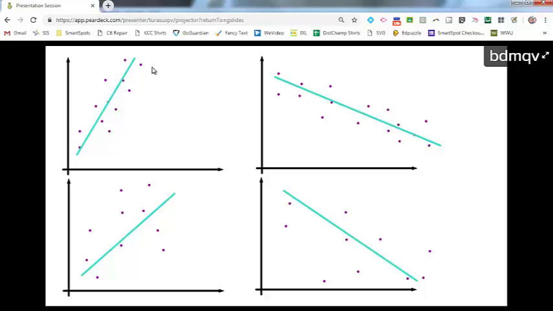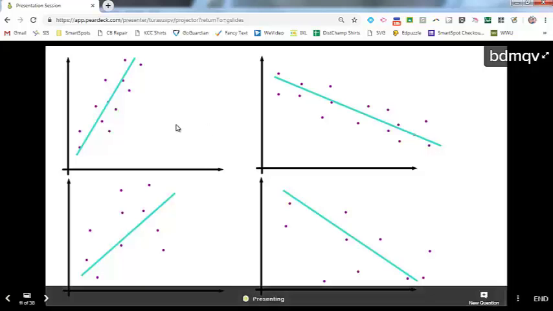And the closer that they are to being on a straight line, the closer they are to 1 or negative 1. Okay? So if all of my points fell on a straight line, that would be a positive 1 for my R value, because it's a positive correlation and they would be on a straight line. Now this one is probably more like a 0.8 something. It's positive, it's close to 1.